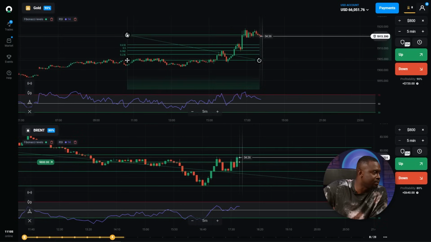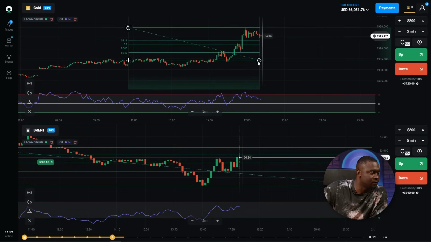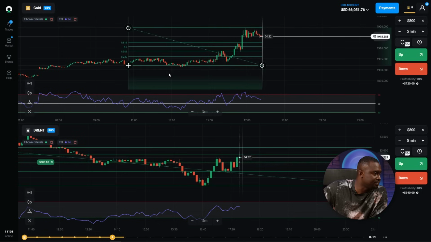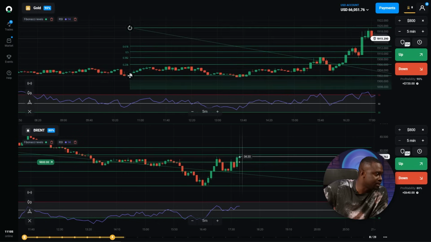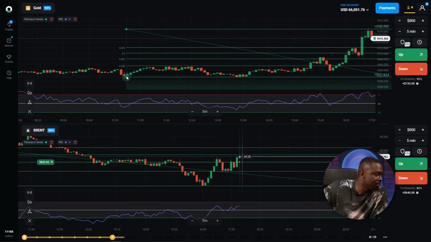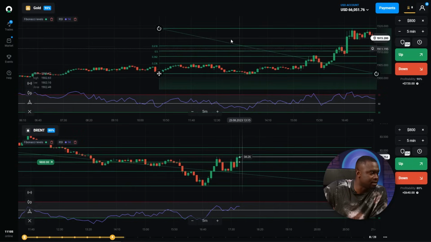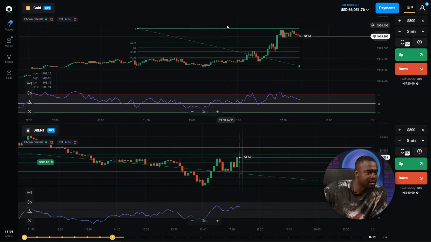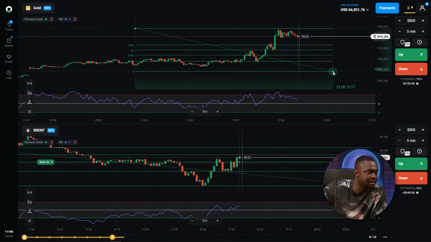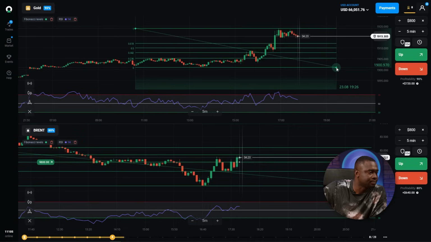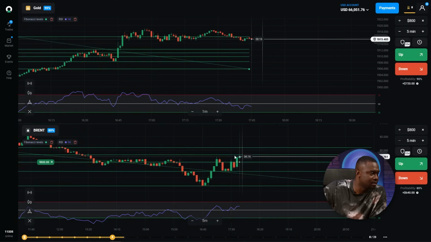So what do we do? Change the levels once again. This is where we take our first impulse. Ideally, I will choose this level on a 5 minute time frame and extend it below. Move back to 1 minute.